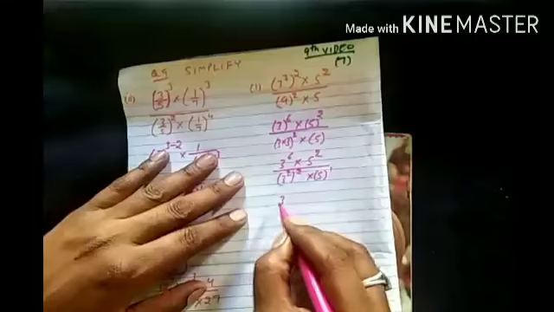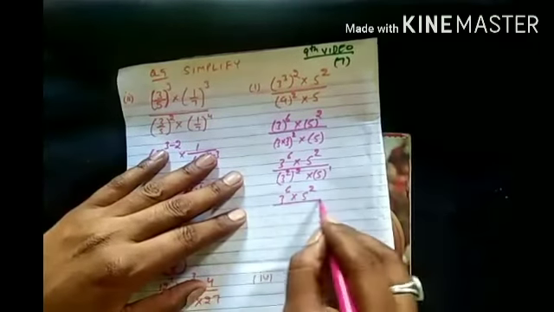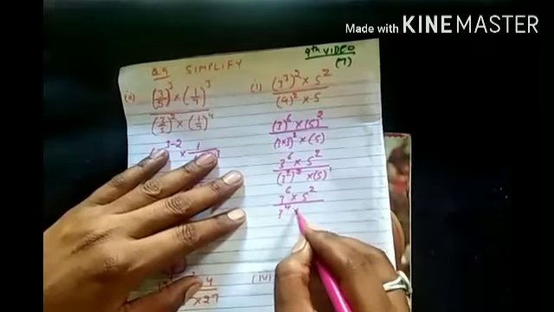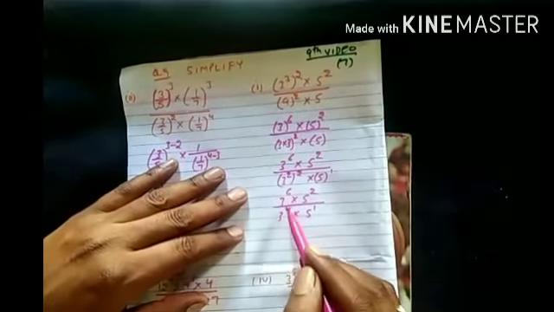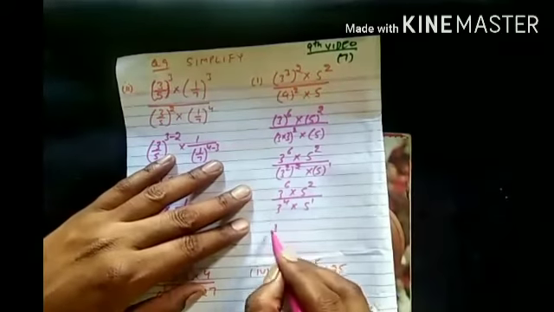Now you will see this is 3 to the 6 and 5 raised to power 2, and here two 2s are 4 and 5 to the power 1. Now the bases are the same and the division process is going on. So what we will do?